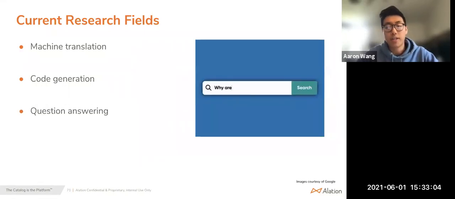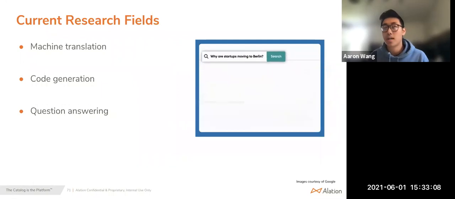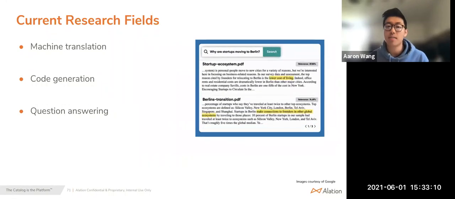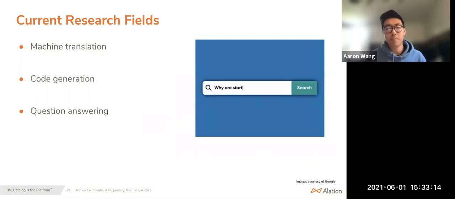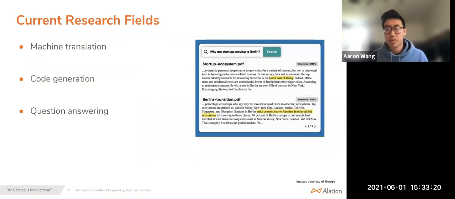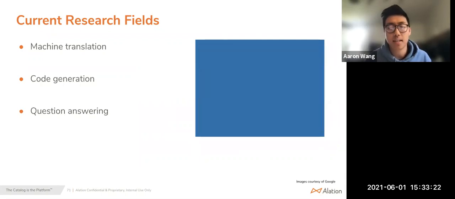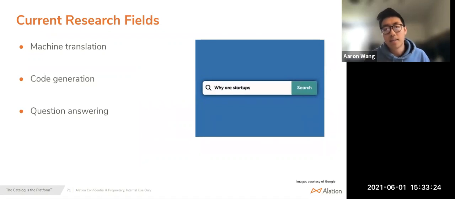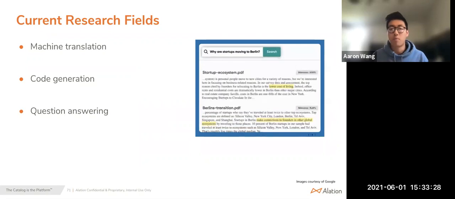We also have question answering. This is probably the most cutting edge of all of the research fields right now. It's very much unsolved. The idea is that you want to be able to input a question and just output your answer. Again, this is very complex. Right now in the field, we see a lot of different architectures molding together.